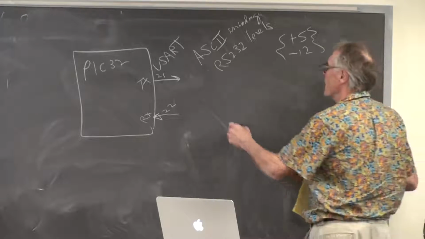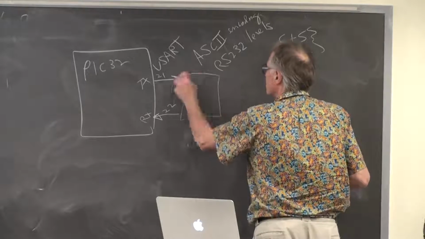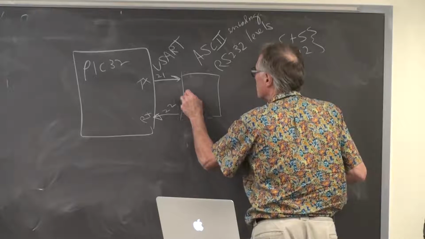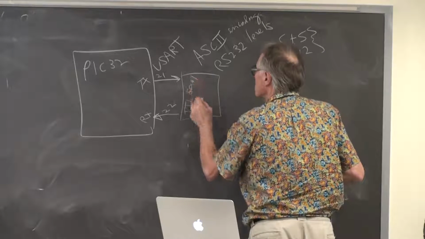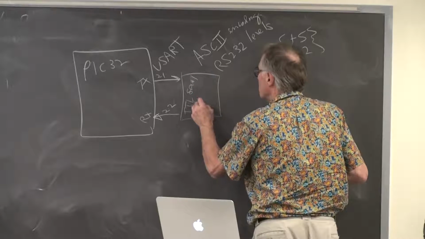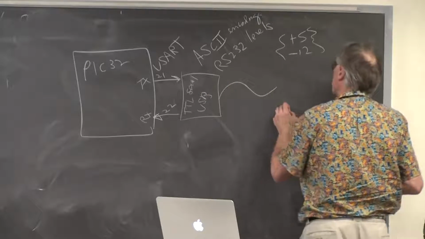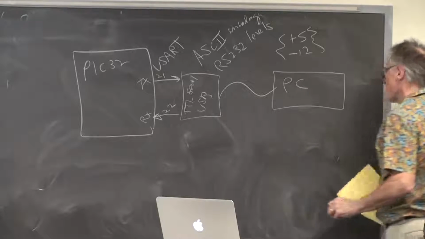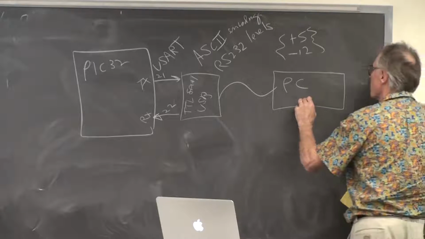So what we're going to do now is to run these into a TTL level serial to USB adapter, and then run the USB cable over to the PC, where we're going to run the PuTTY terminal.